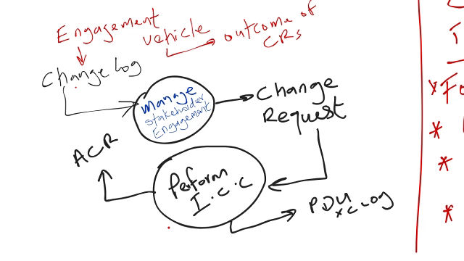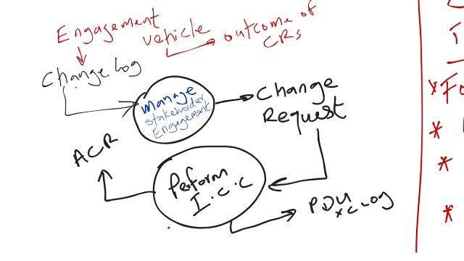And again, how could you get a change request from here? You could get a change request, like I said, from various processes, even in planning, as I showed you in plan procurement management. And then the next question is, how can the change log be updated as a result of this process?